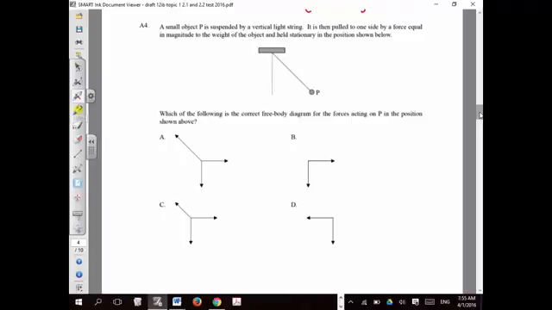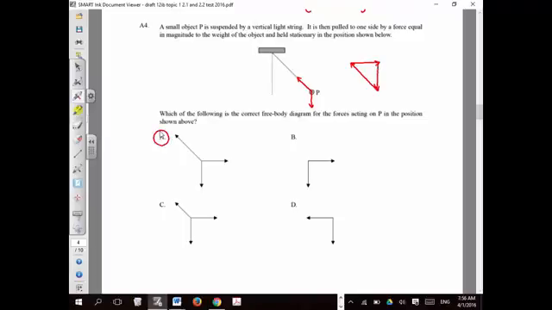Okay, so we must have a weight force, we must have a tension force, and since it's in equilibrium, the sum of those two must be the force of the person holding it. So we've got this force, and this force. And so those three vectors, this one, the hypotenuse of this triangle is going to be longer than the other two.